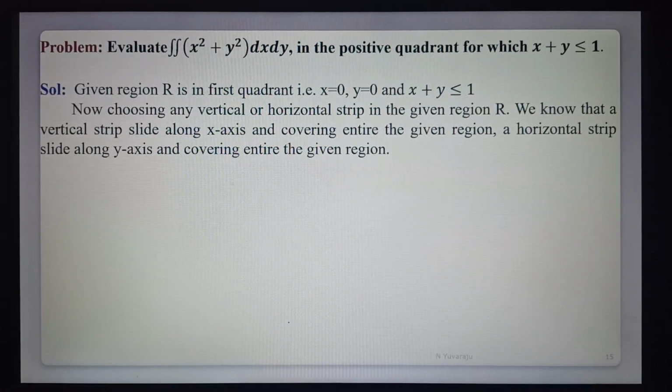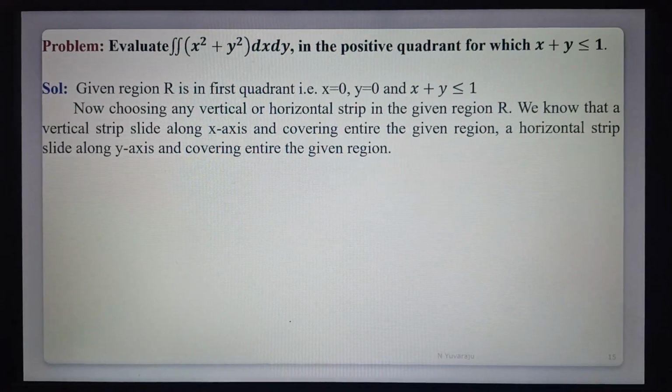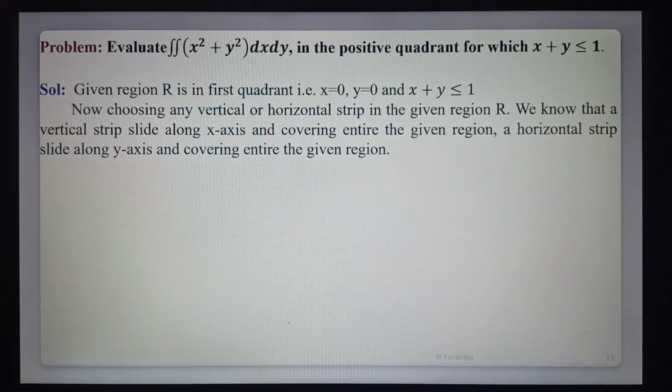Now choose any vertical strip or horizontal strip in the given region. We know that a vertical strip slides along the x axis covering the entire given region, and a horizontal strip slides along the y axis covering the entire given region. There are no limits given directly. Choose either a vertical or a horizontal strip, any one, not two at a time.